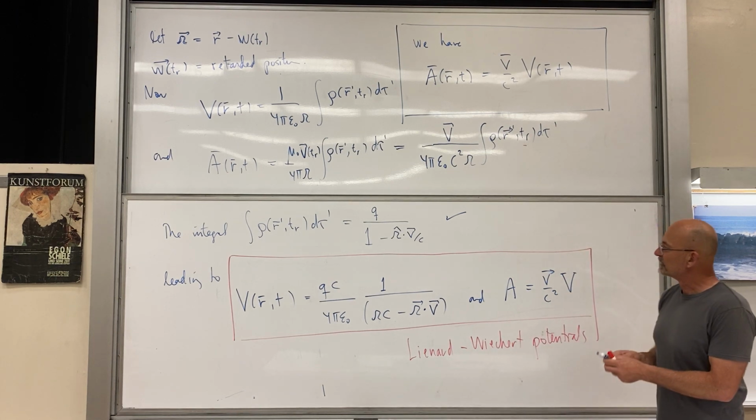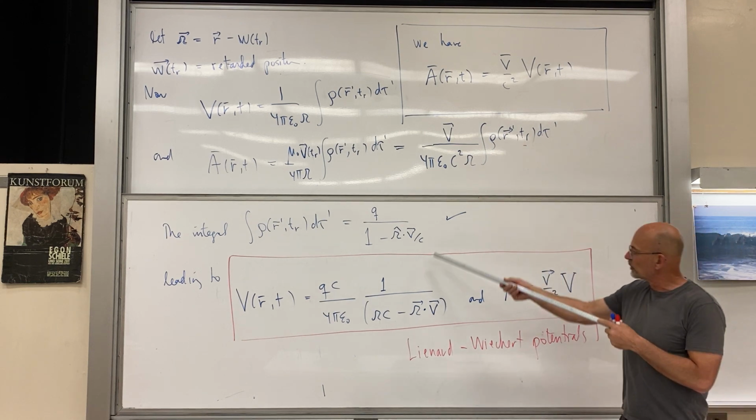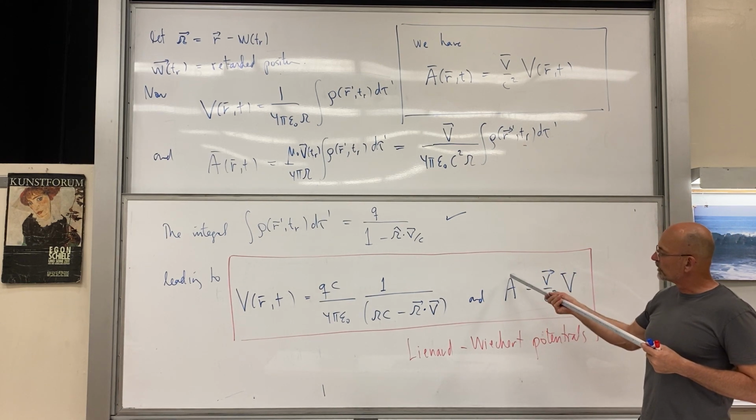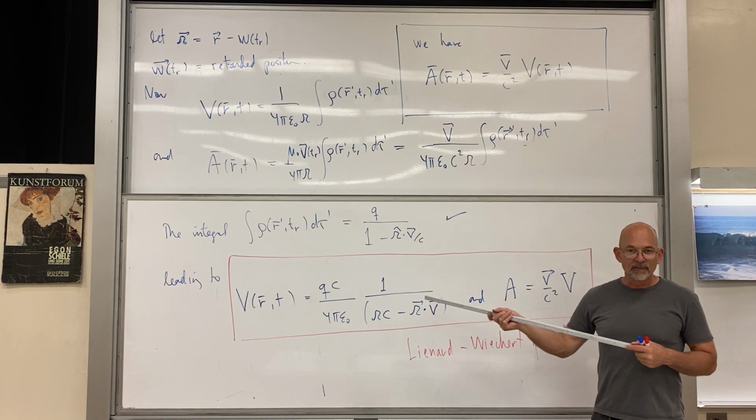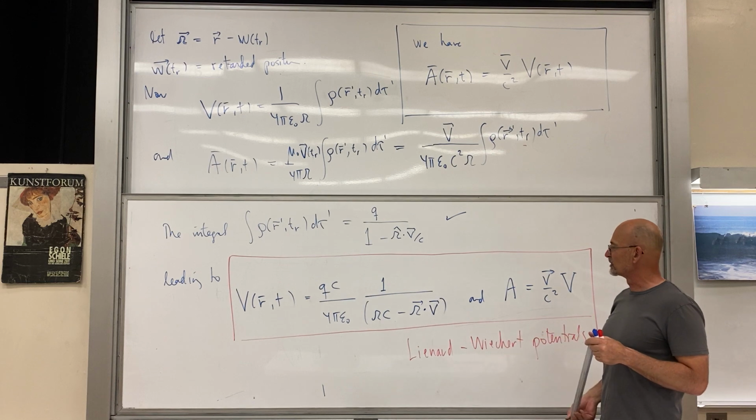Good, we're going to leave it at this. So this is a good point to have arrived at. These are the potentials with which we can work our way up to radiation in the next chapter. We still have a bit to do in this chapter on these as well.